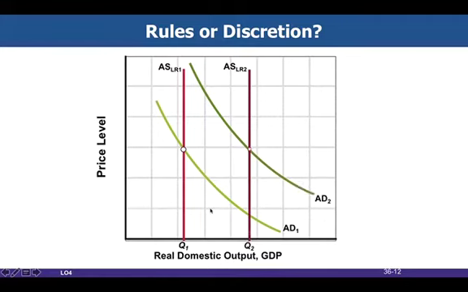So what we want to do is, right now we know that we're at AD1, and AD1 represents a potential GDP, right? So we want, over time, our potential GDP to rise. In order for that to happen without experiencing a dramatic change in the price level, we need aggregate supply to go up.